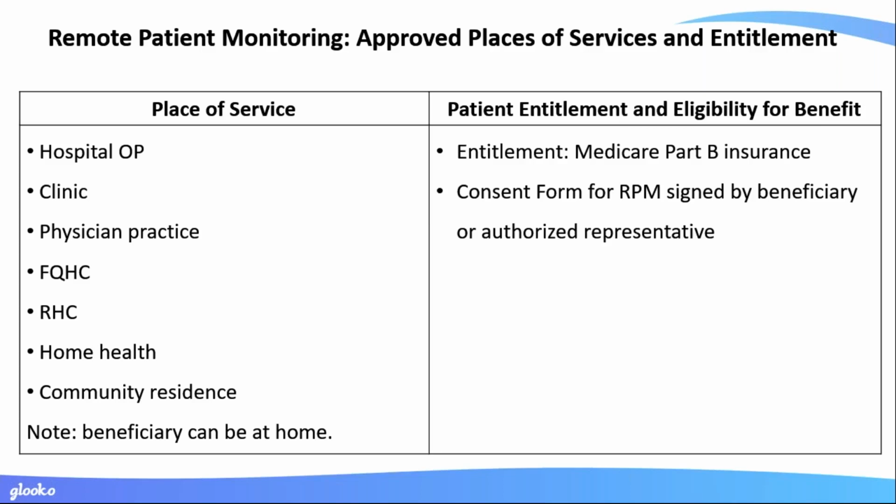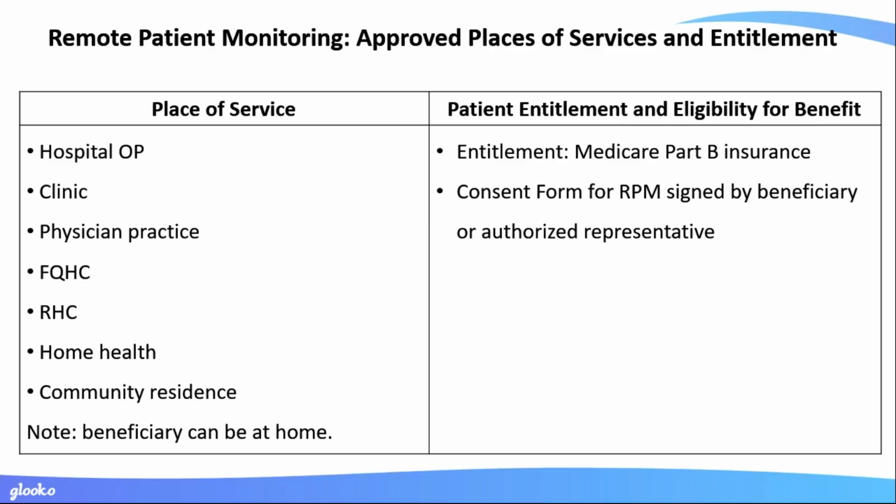Now, entitlement, that's from the beneficiary perspective. Martha has to have Part B insurance. And you say, well, don't all Medicare beneficiaries have Part B? Not necessarily. About 90% of them, when they turn 65, will opt into Part B, and it is an opt-in. That's where your outpatient benefits are housed. About 10% of them decline that.